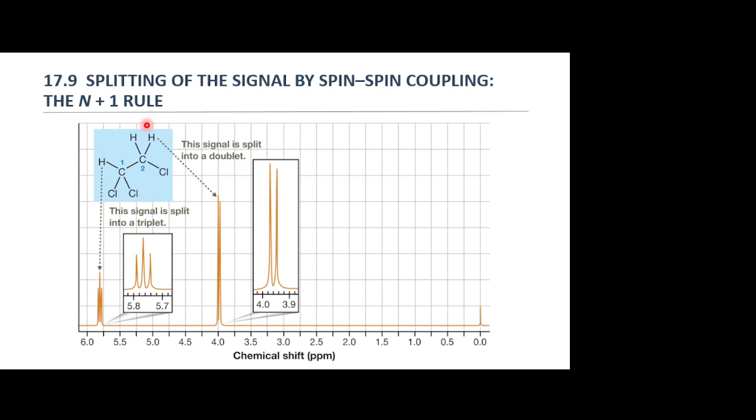So when you want to find out how many splittings are going to happen, how many states we're going to be in, you look at the carbon next to the one you're looking at. You're looking at these hydrogens here to figure out how many splits this would be. It's not this carbon you look at, it's the one next to it. And that has one hydrogen, so 1 plus 1 gives you 2.